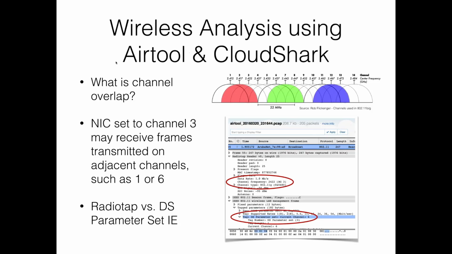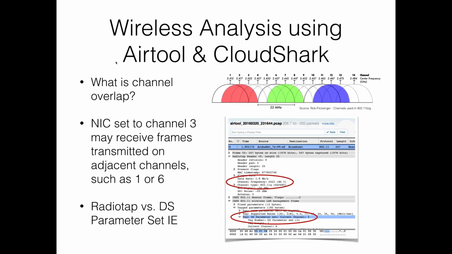Because in 802.11 networks, there is something called channel overlap. On the 2.4 GHz band, in the US we have 11 channels, 1 through 11.